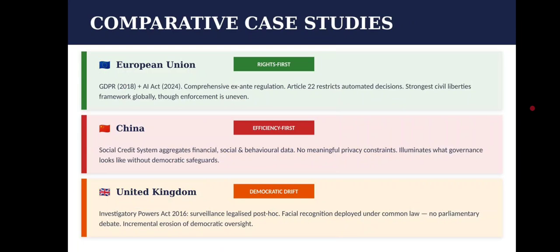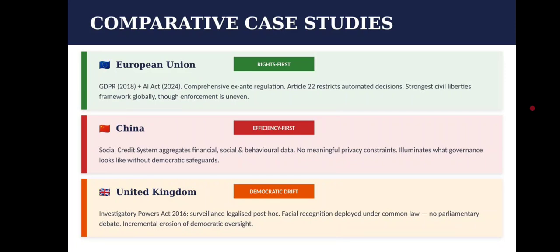Comparative case studies. The European Union follows a rights-based approach through regulations like GDPR. It focuses on protecting privacy and ensuring accountability. In contrast, China follows an efficiency-first model. Systems like the social credit system prioritize control, surveillance, and social order over individual freedoms.